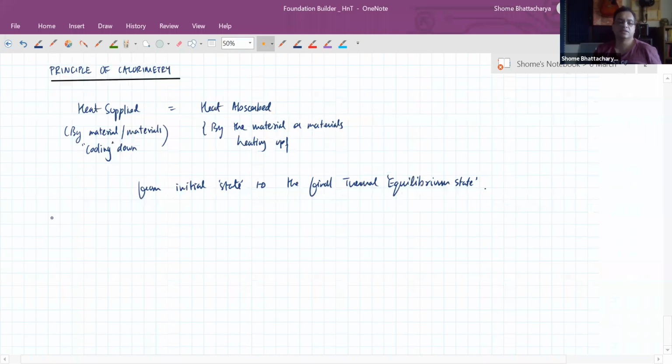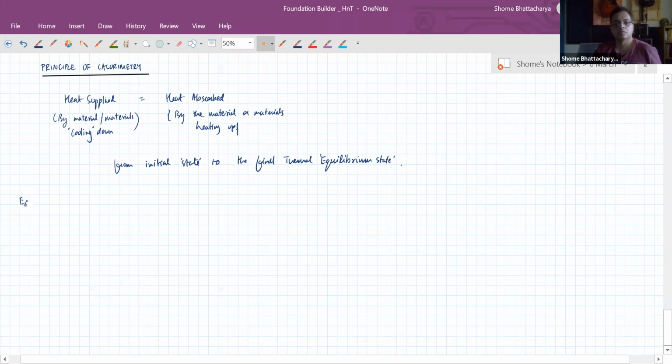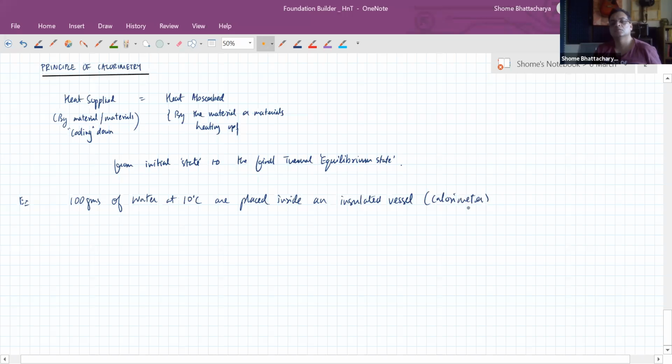So let's understand this with an example. 100 grams of water at 10 degrees C are placed inside an insulated vessel or a calorimeter. Okay.